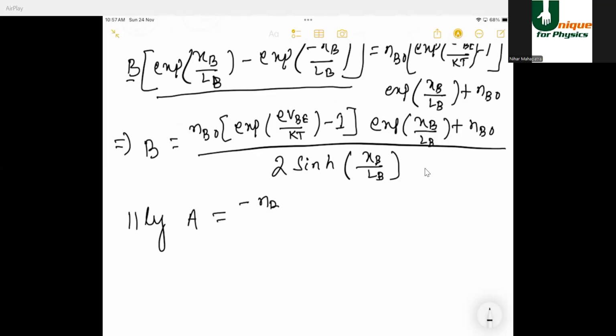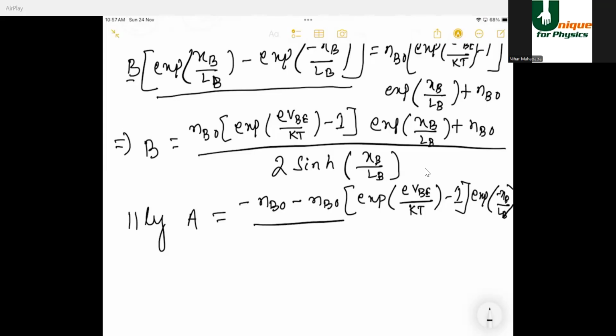A is found to be minus nb0 times e to the power e vbe, the base emitter voltage, upon kt minus 1, multiplied with exponential of minus xb upon lb. So this whole is divided by exactly the same thing, 2 sinh of xb upon lb.